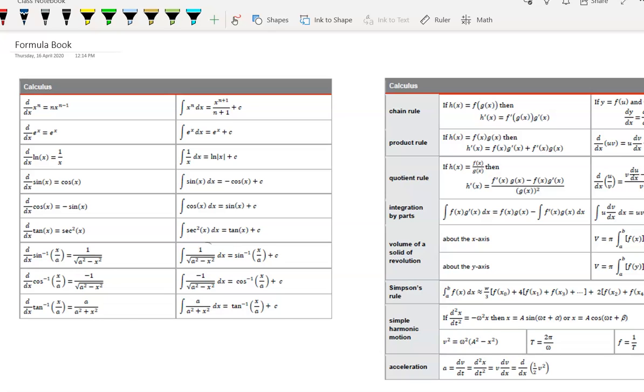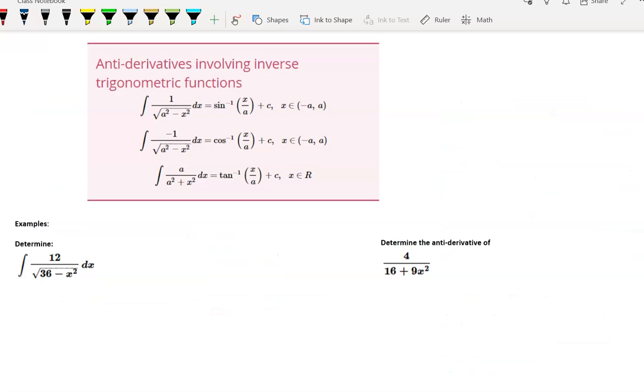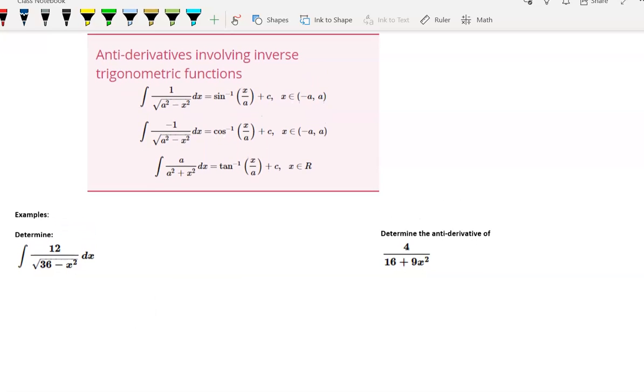Okay, so we're going to be looking at the antiderivatives in this particular set of examples. I've got a couple of examples here, and a slightly more difficult one towards the bottom. So we'll do the one on the left-hand side first. We're doing the integral of 12 over the square root of 36 minus x squared. First of all, you need to recognise that the integral is going to be one of our inverse trig functions.